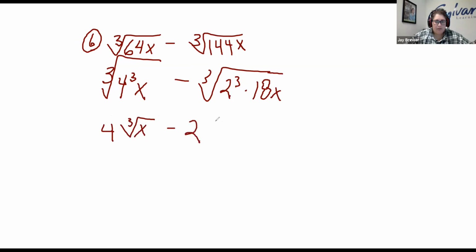We can pull out a 2 and leave the 18x. Can I combine it? Can I do anything else? No, because my radicands are not the same.